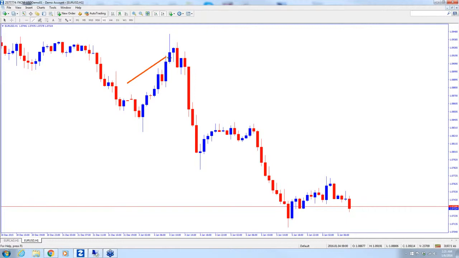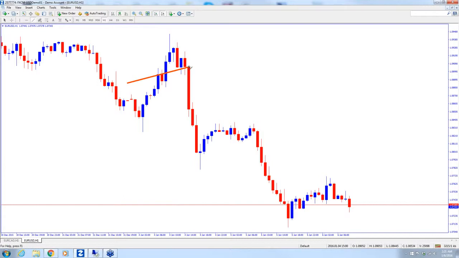On a down bar, right here, open, close, high, low. Sometimes you will have the open and the high at the same price, and then you got your low and then your close. That's just the way the ball bounces. Sometimes your low, your open, your close, and a little bit of a high.